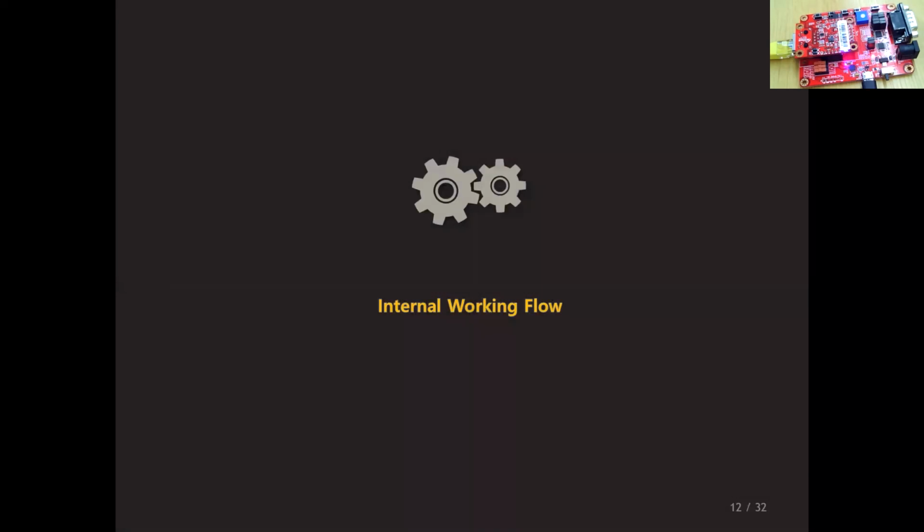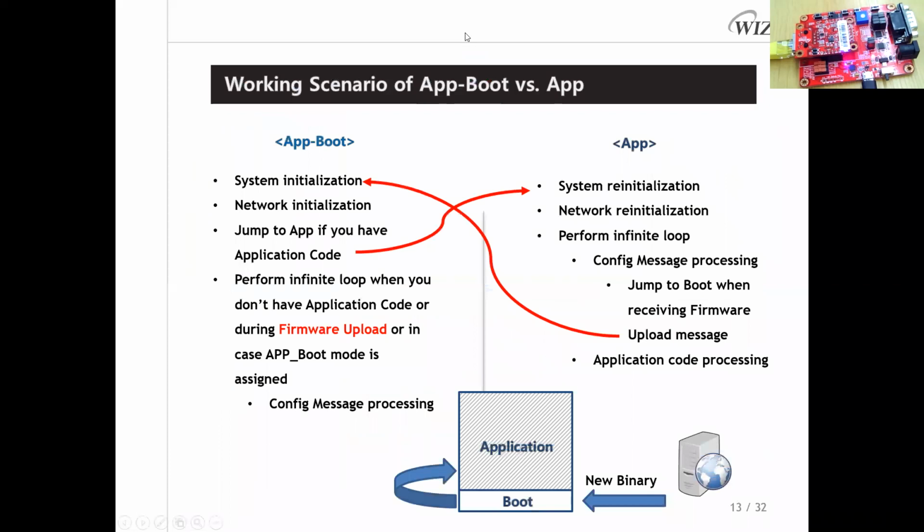Well, I will start explaining the internal working flow of WIZnet S2E converters from now. Here I'll explain about the boot and application. To distinguish it from the ISP boot code, I will call it app boot. So this app boot and boot are the same thing.